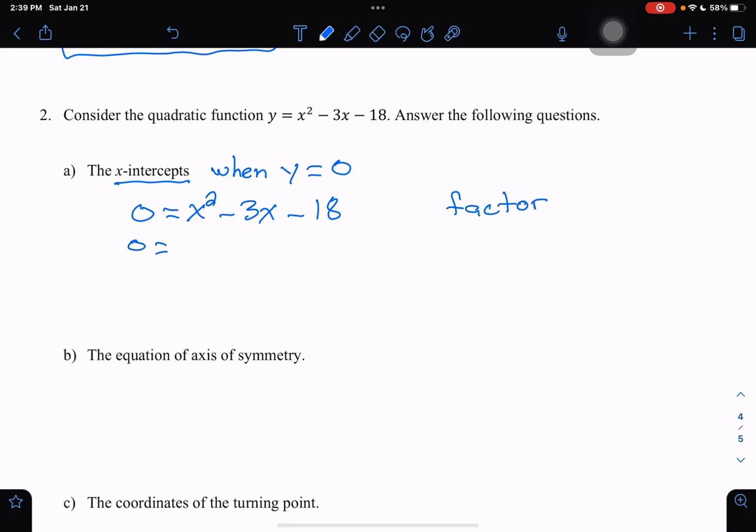To factor this into two binomials, we have an x. One sign is going to be negative, and one sign is going to be positive. The factors of 18 are negative 6 and positive 3. Negative 6 times 3 is negative 18, and negative 6 plus 3 is negative 3.